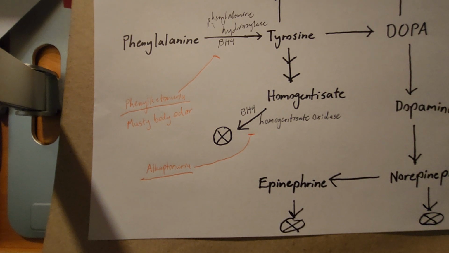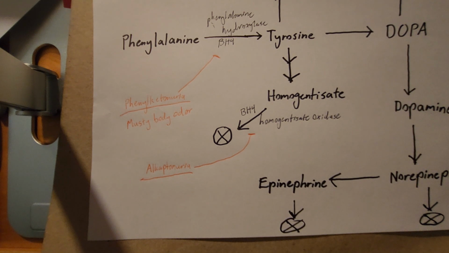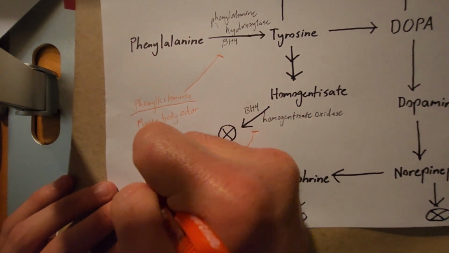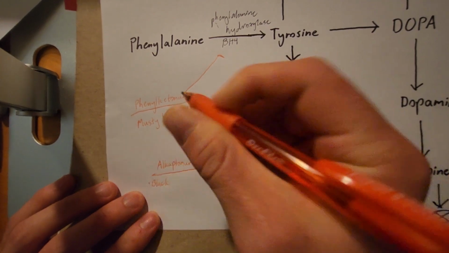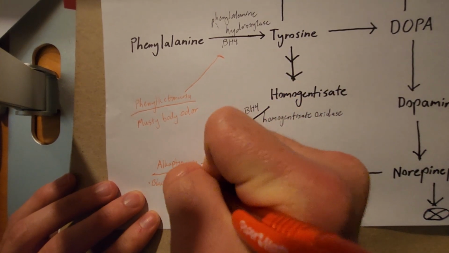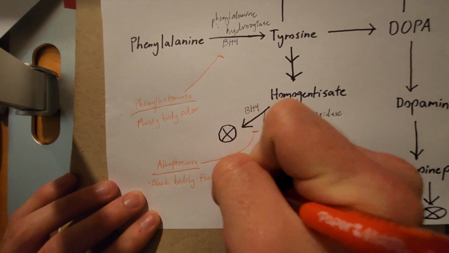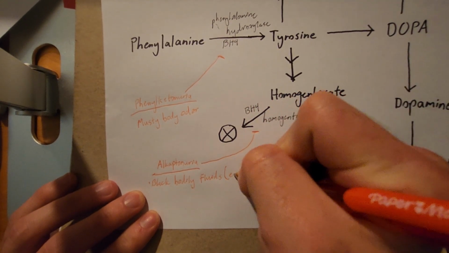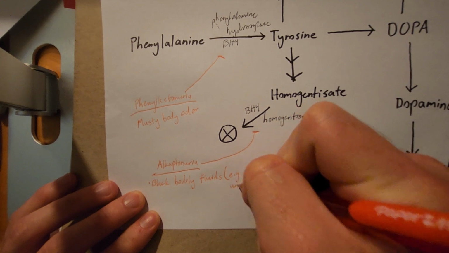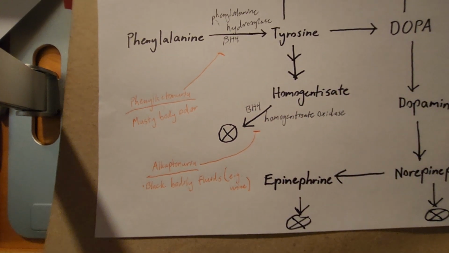Alkaptonuria is mainly associated with osteoarthropathy and a lot of symptoms in your connective tissue. But if you were to choose one major pathognomonic sign you're going to see in a problem, that will be black body fluids, specifically urine. It's usually going to be urine, but it could technically be sweat or fecal matter or anything.